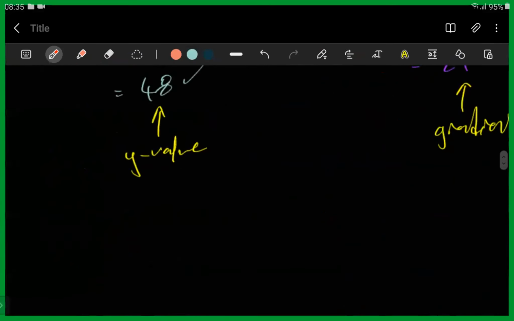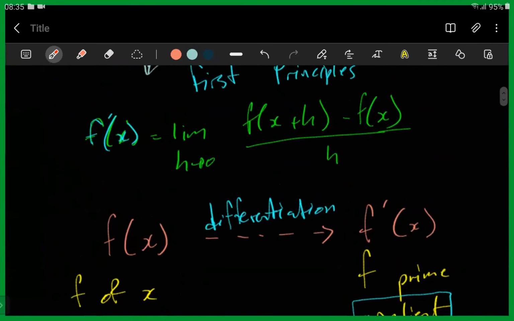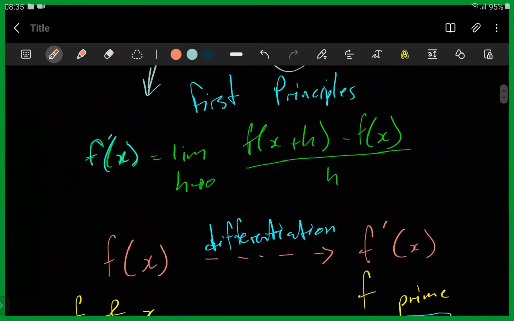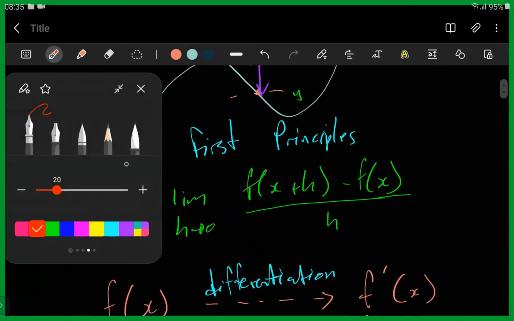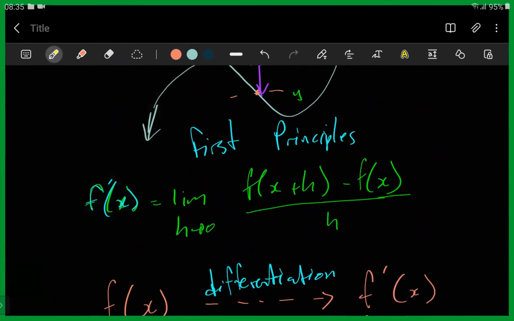You only use first principles if they tell you to, that's one big issue. Only use first principles if they ask for it. In any exam, they'll always ask for it once. If it's a class test or term test, you might have 2 questions or more on first principles, but in a standard final year exam, you'll never see more than one.